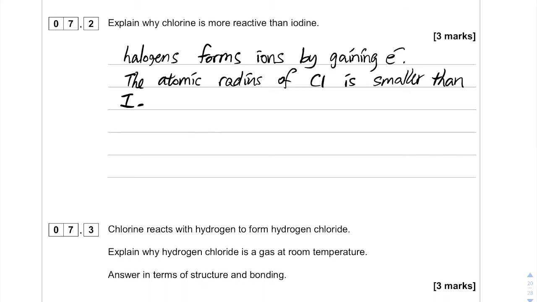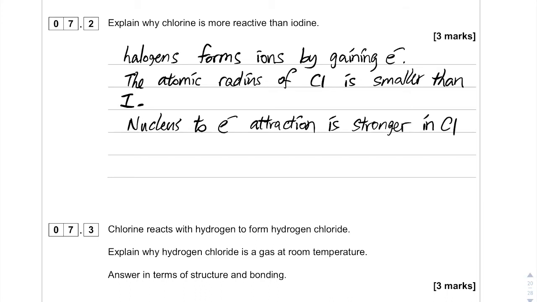And so the nucleus to electron attraction is stronger in chlorine, so it gains electrons more easily.